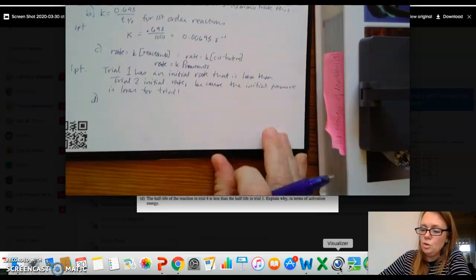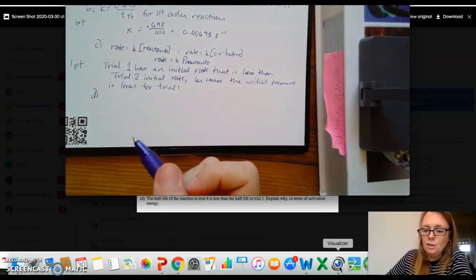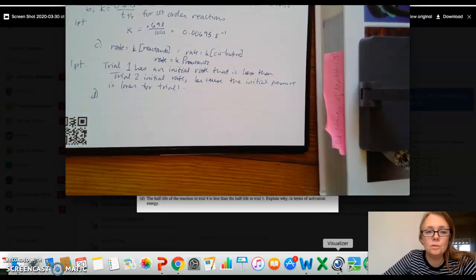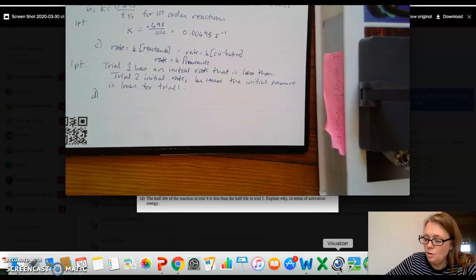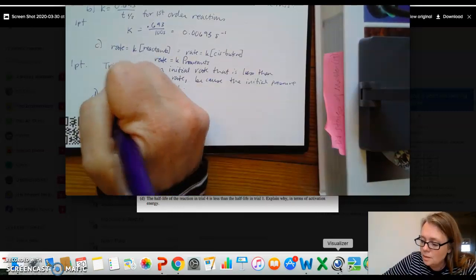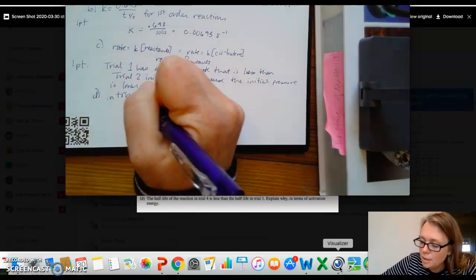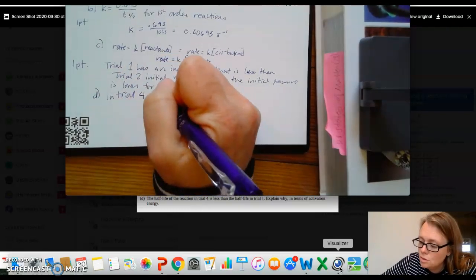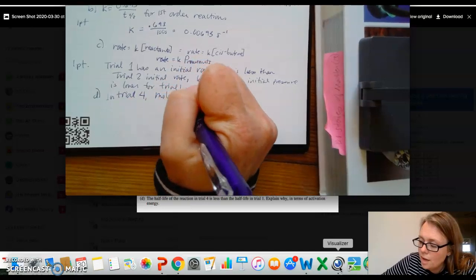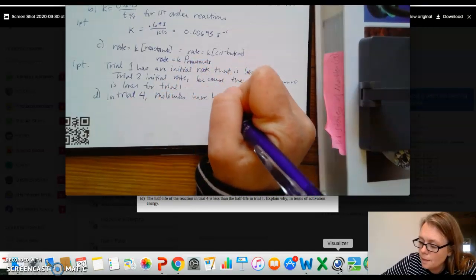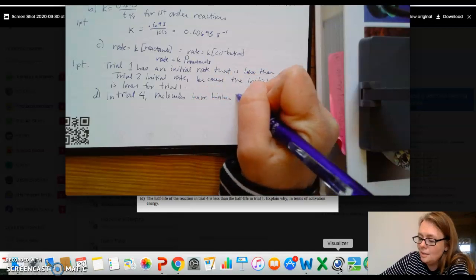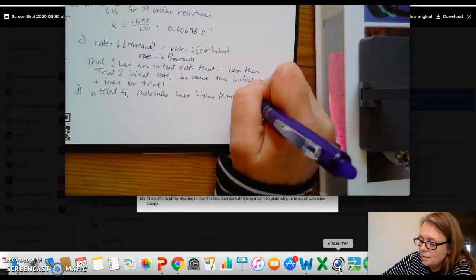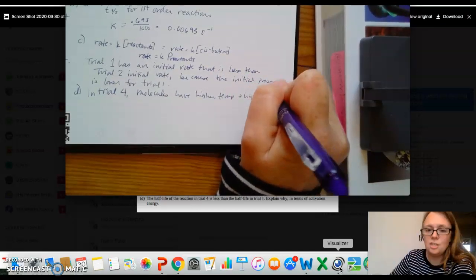So what is true for trial 4? It's done at a higher temperature. If the temperature is higher, what do you know about the molecules? In trial 4, the molecules have a higher temperature, and so they have a higher kinetic energy.